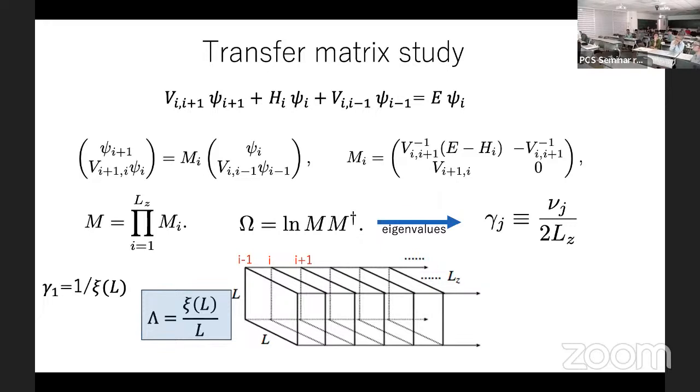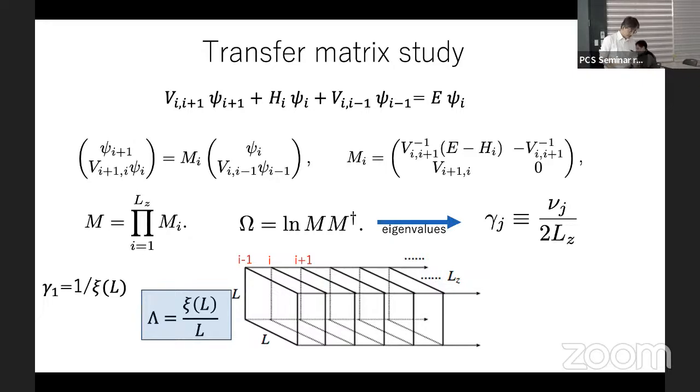I mean, here you can consider M running from the left to the right, but you can also consider M running from the right to the left. Yes, actually we get the same Lyapunov exponent if the system is reciprocal.